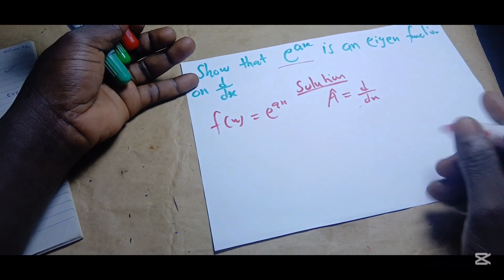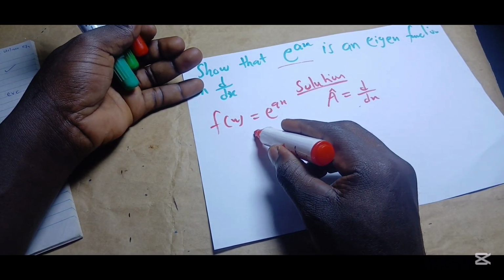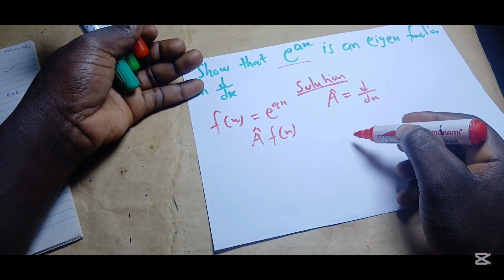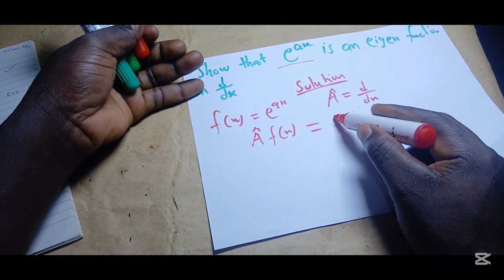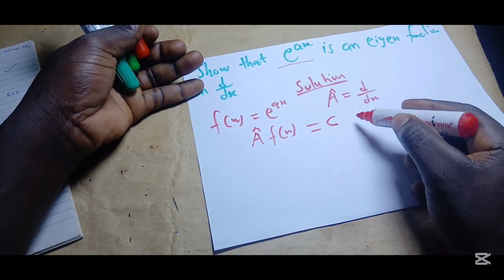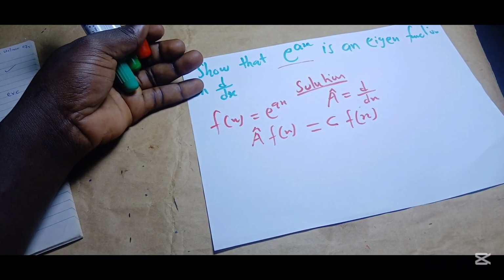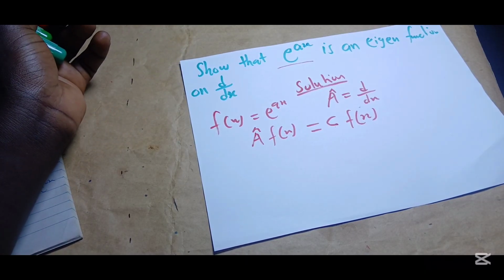The general definition of an eigenfunction is that if the operator A operates on f of x, it should give us the eigenvalue times the initial function.